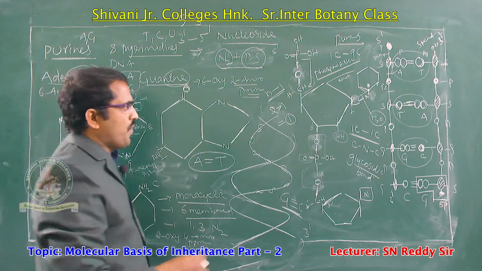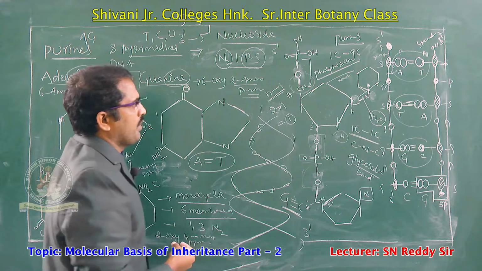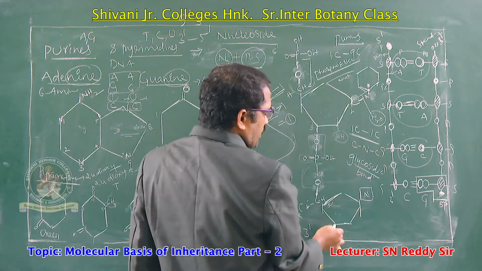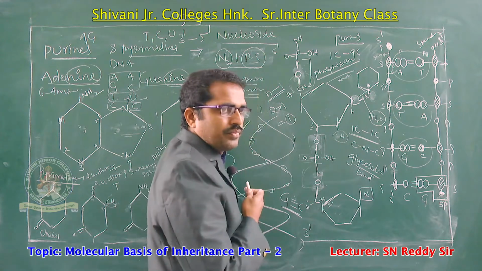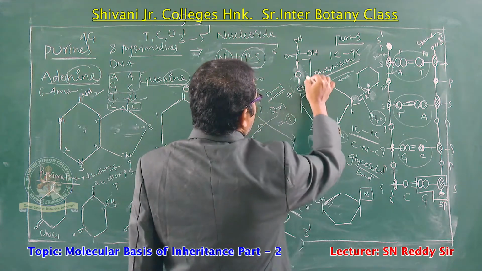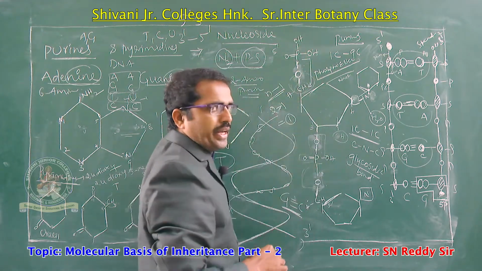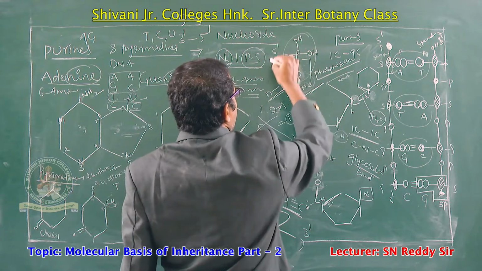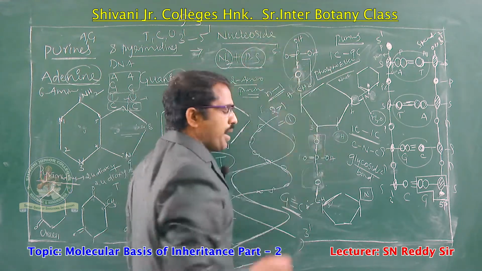So what is the meaning of 5' and 3'? You see, these are the two nucleotides in one strand. In this strand, at the 5th carbon position there is a free phosphate moiety. That's why we mention it as 5'.